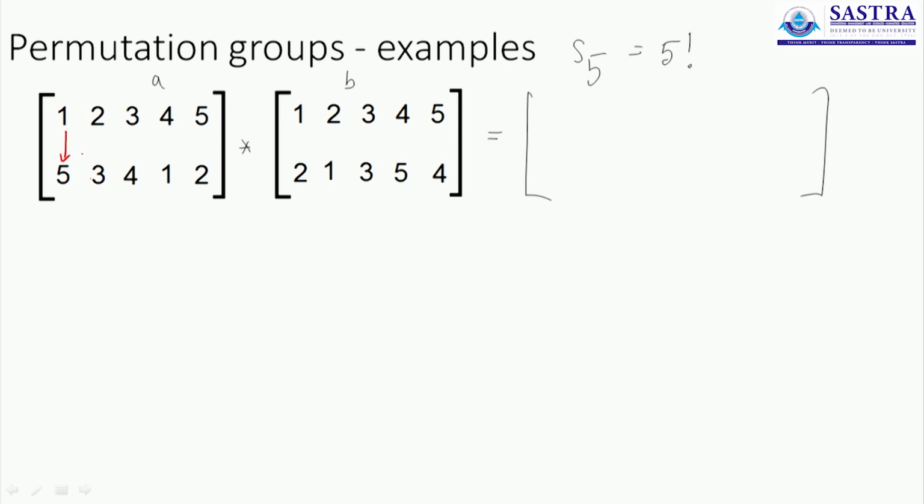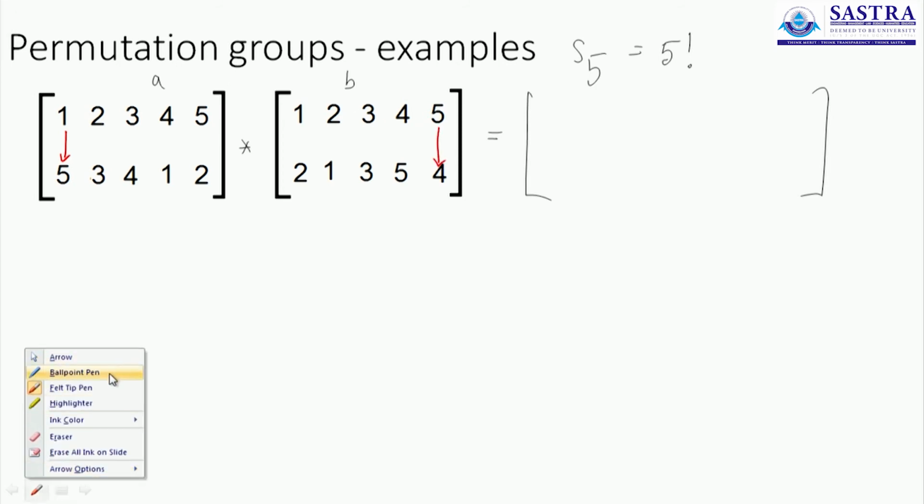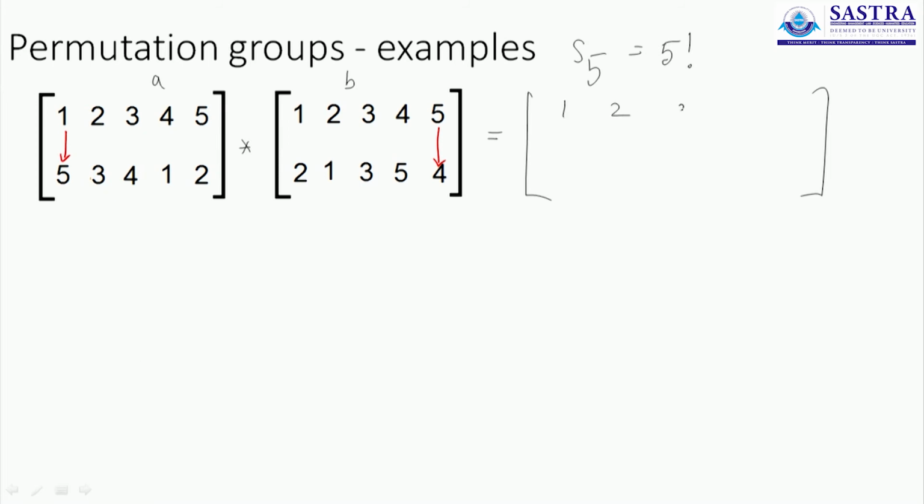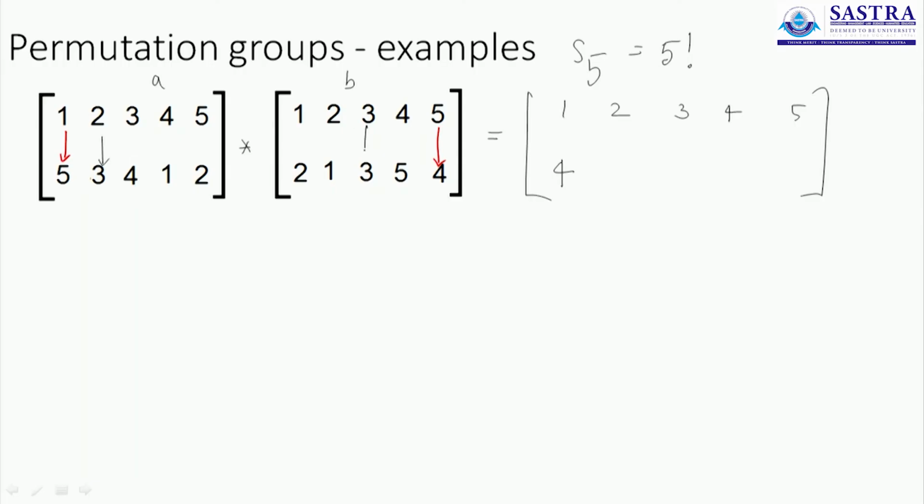1 goes to 5 and 5 goes to 4. Therefore, when I write the answer for 1, it must be 4. Similarly, 2 goes to 3 but 3 goes to 3. So 2 should be mapped to 3. Follow this very carefully.